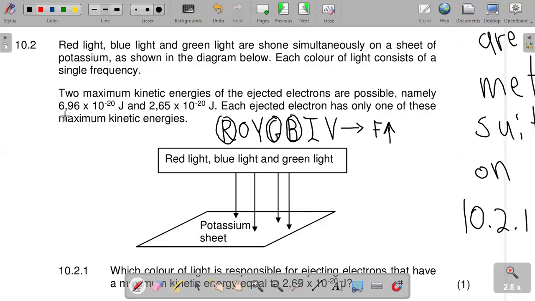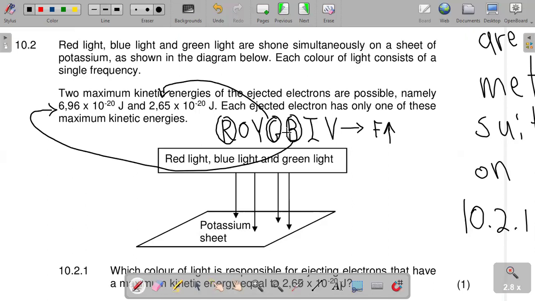So the 6.96 will be for the blue light and the green will be for the 2.65, because according to the sequence here this is how they move.